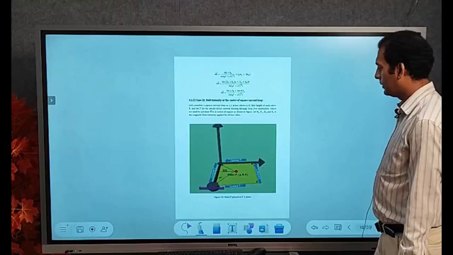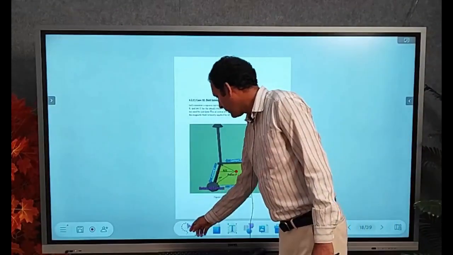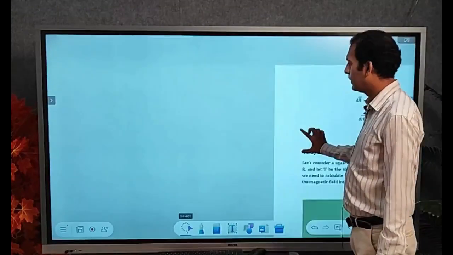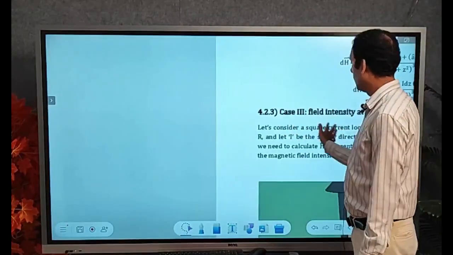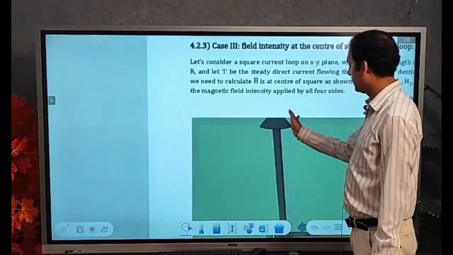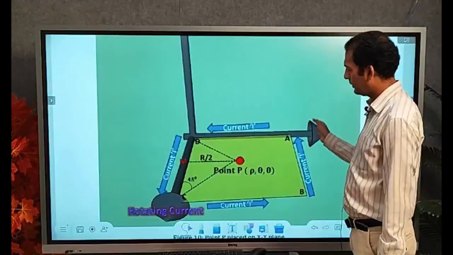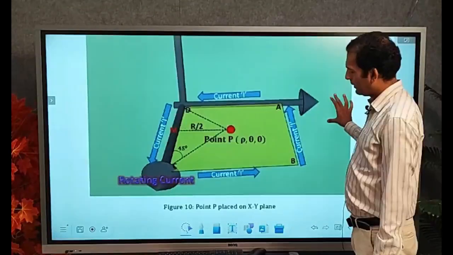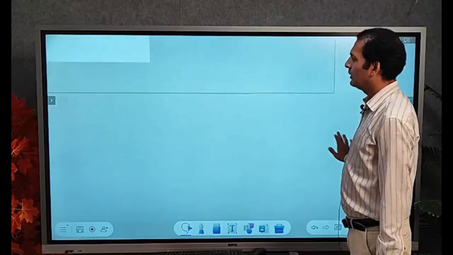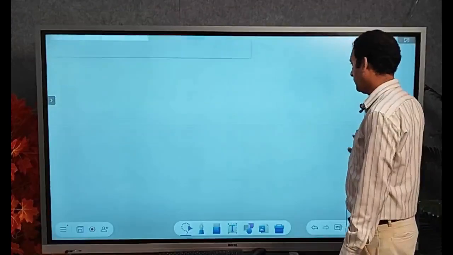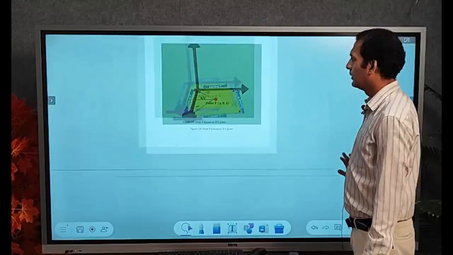Okay, now let us discuss the third case. In the third case we have one square sheet, and that sheet is filled with flowing current, and that current is creating a magnetic field around it, right.